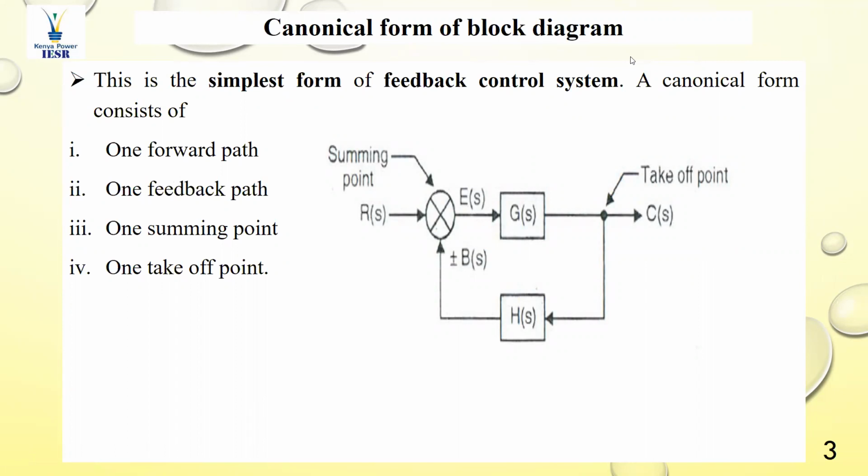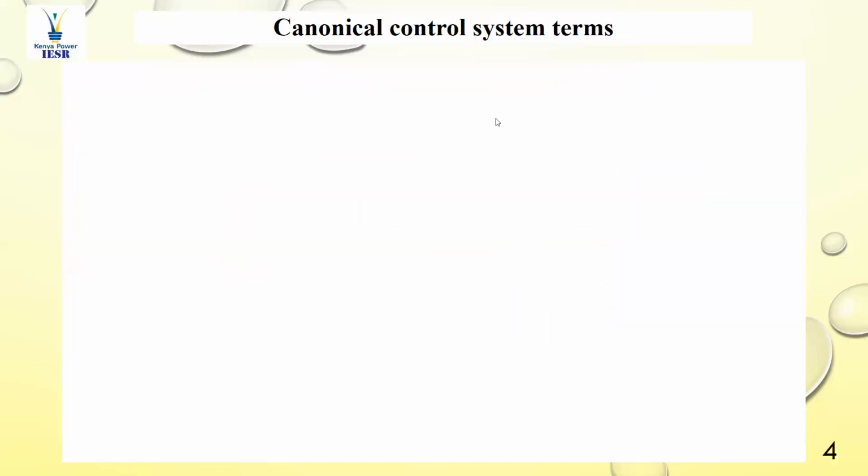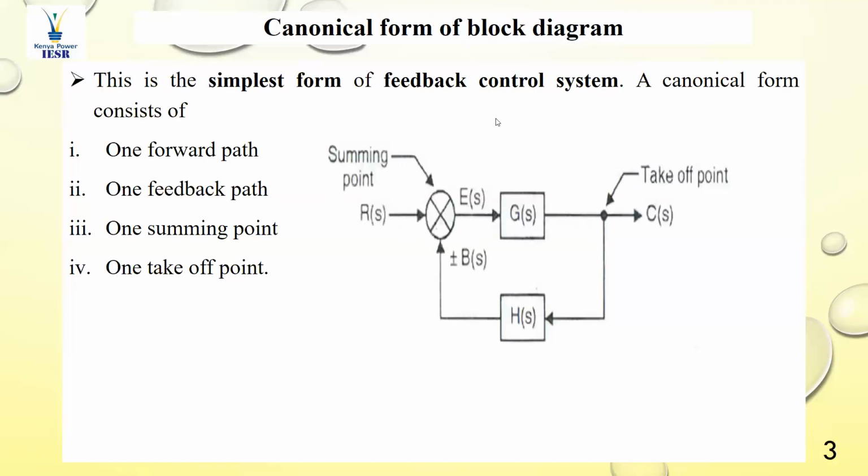We said we can have physical systems such as electric kettles, motors, an electric iron, or a firing gun, and we can have those systems represented using blocks. A canonical form of a block diagram consists of one forward path.